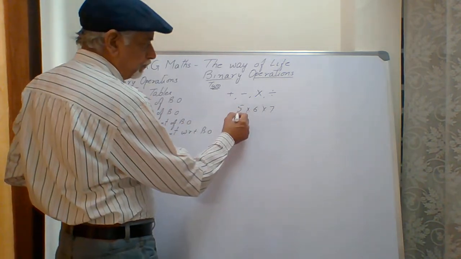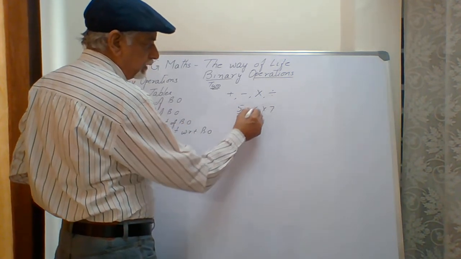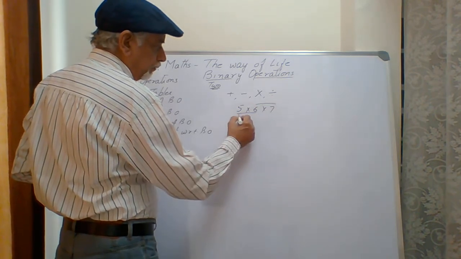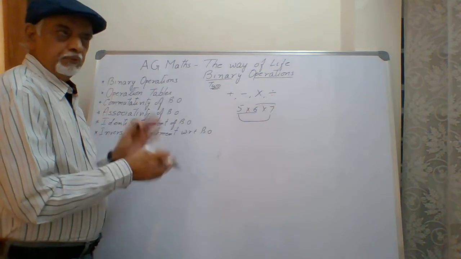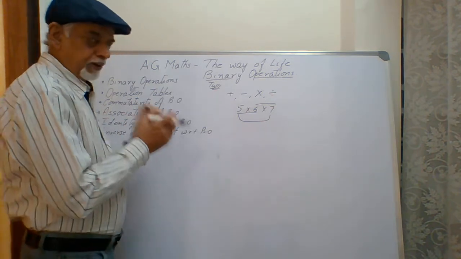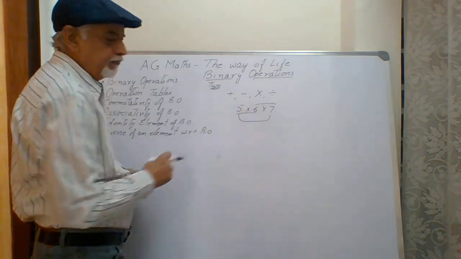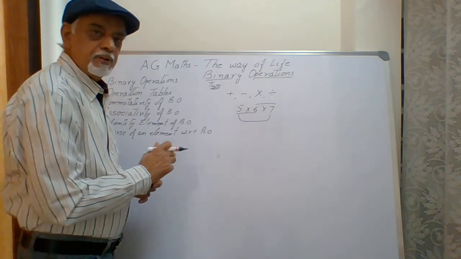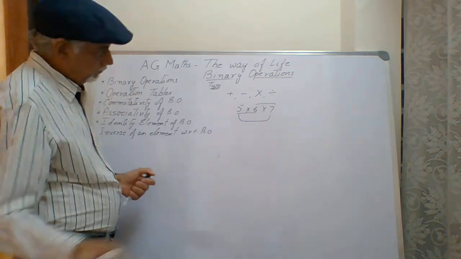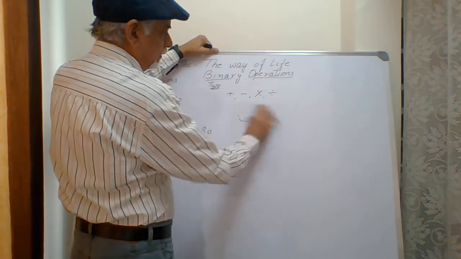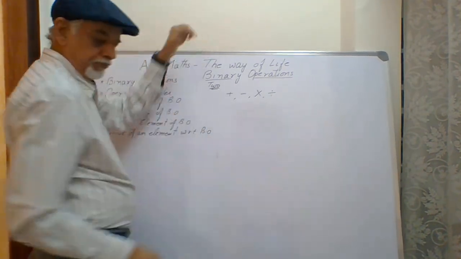We have to pick up any 2, either this pair, or this, or this. And the result of the 2 you use as one element with the remaining last one. So this is again a binary operation. In division, likewise, we pick up 2 elements for dividing.